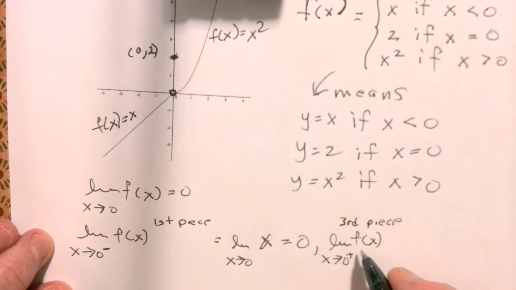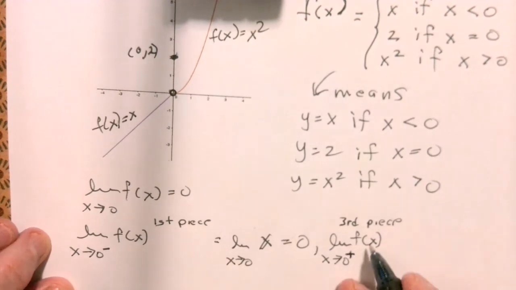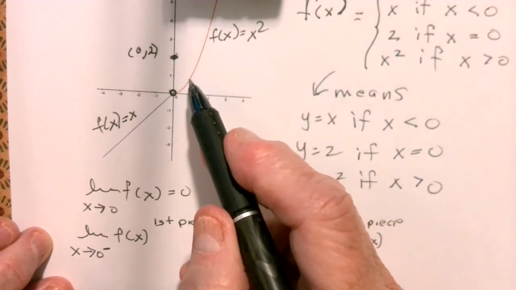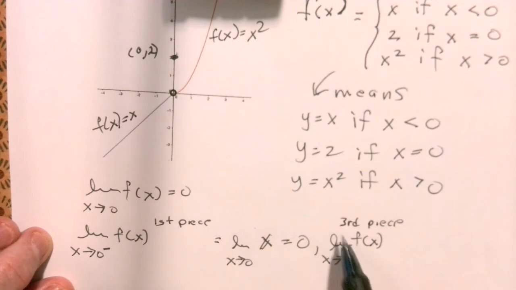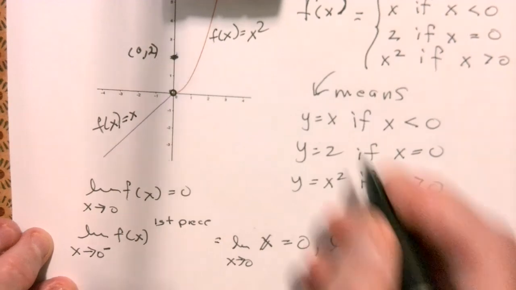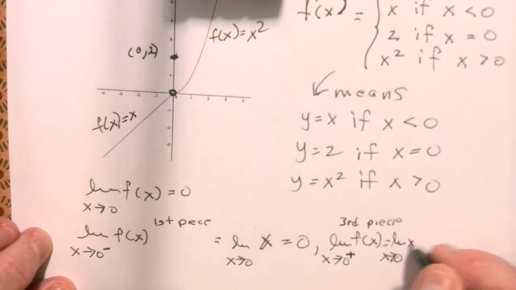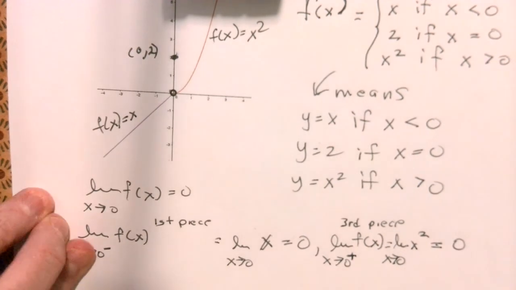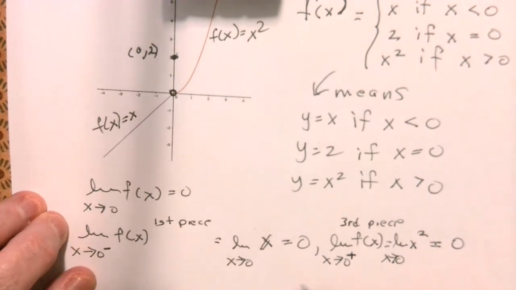But when we're talking about the limit, we're not talking about at x equals 0. We're talking about the values. What are they getting closer to as x comes into 0, in this case from the right? Well, this says the y value would be x squared. So that's going to be x is coming into 0, 0 squared is 0. So you see that these are the same.